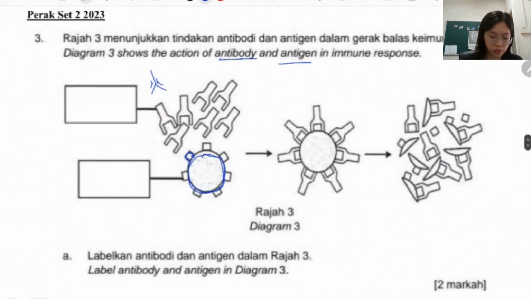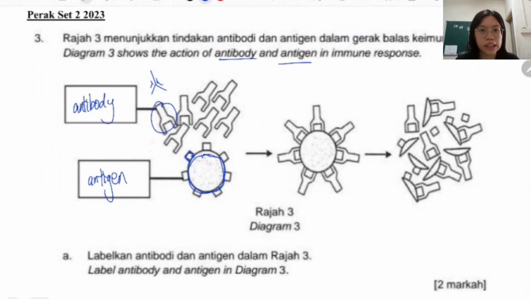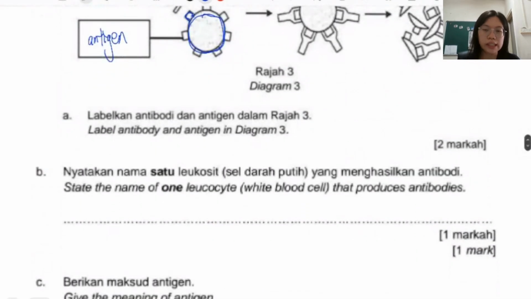So this antibody will basically bind to it and then eventually break it. So this is basically the antibody and this is the antigen. So antigen is the one that will stimulate your lymphocytes to produce antibody. So your lymphocytes produce all this antibody to quickly bind to the specific antigen and then destroy the pathogen. So state the name of one leukocyte that produces antibody.